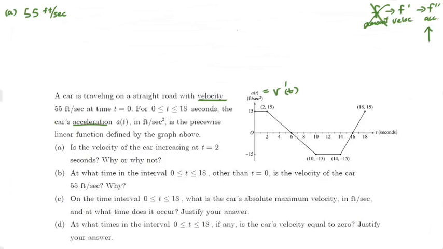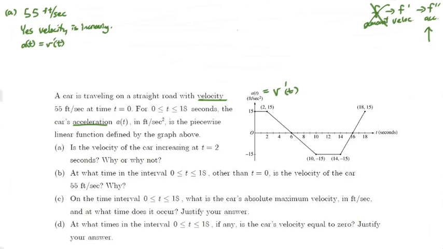So let's see, how do we say that? Because it says why or why not. Is it increasing? Yes. Velocity is increasing. How do we know this? Well, a of t equals the derivative of velocity. A is the derivative of velocity.